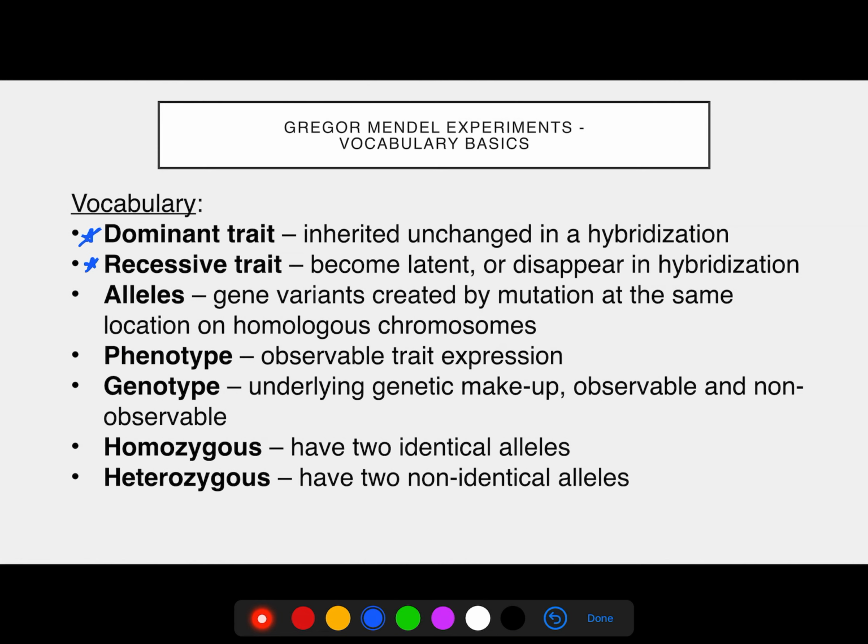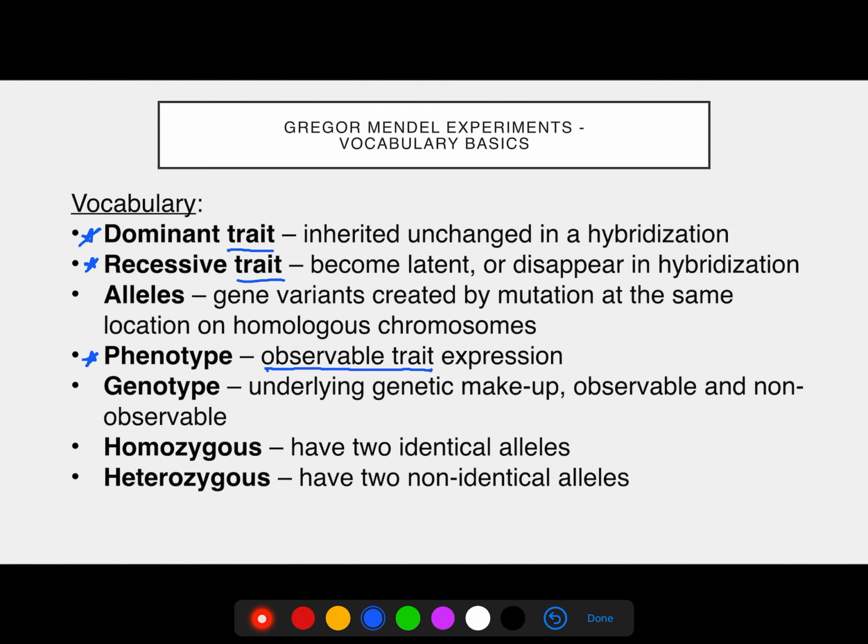So a dominant trait, it's inherited into an offspring, and you will see what we call the phenotype of that gene. So it's the observable trait that you see in an offspring, okay? A recessive trait is a trait that is not observable, okay?